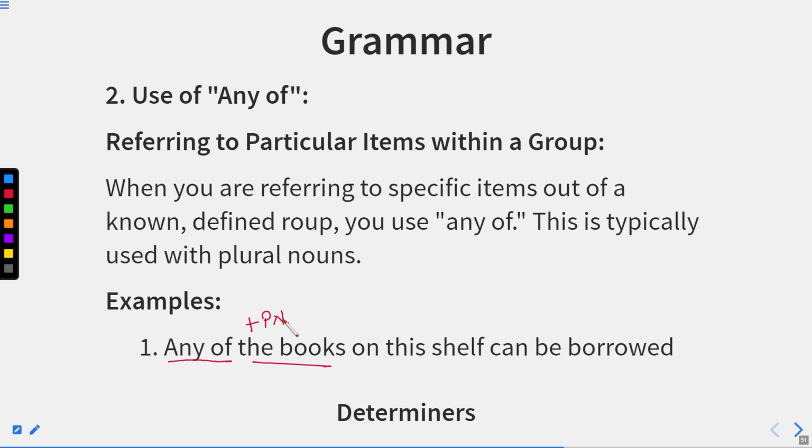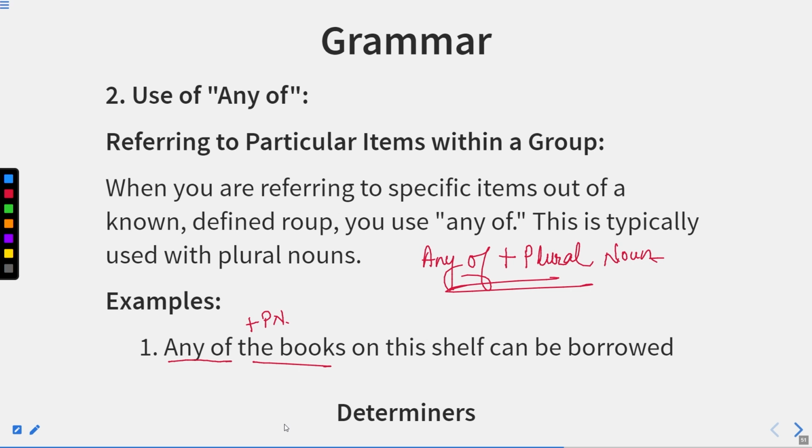If I say any of you, it means you is plural. If I say any of you and you is one, this use of any of will be incorrect. When we use any of, it is very important that it should be followed by a plural noun only.